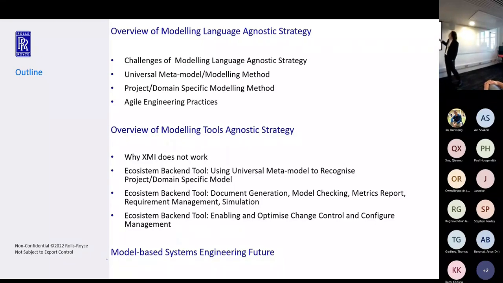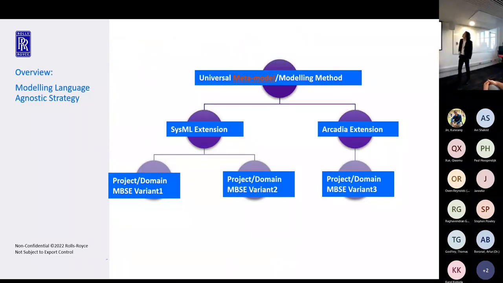The second part will be the tooling agnostic approach we're doing using Epsilon transformation. University and Rolls-Royce collaborated together to develop that one. There will be more details about what we can do, and also the future work we're doing for the reusability of the MDSE models.